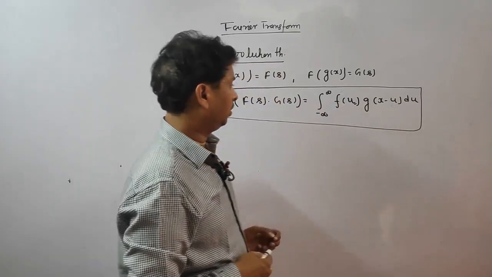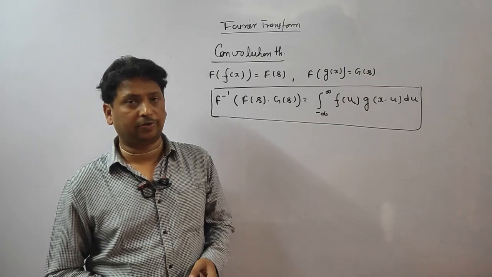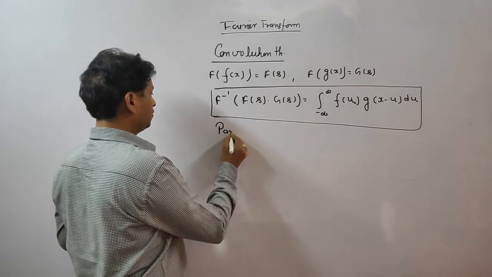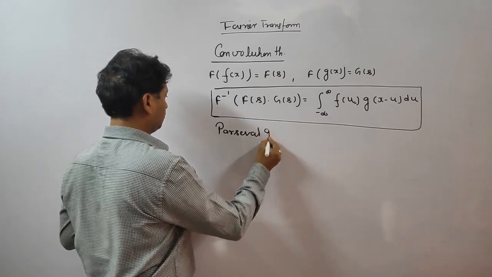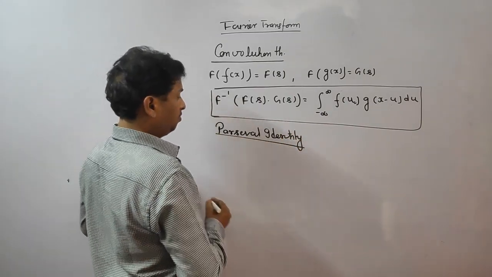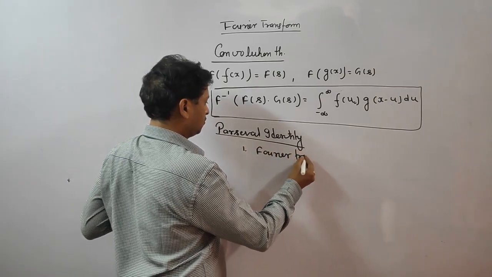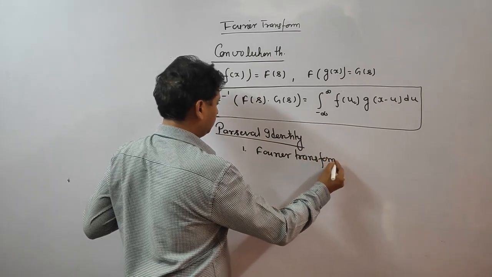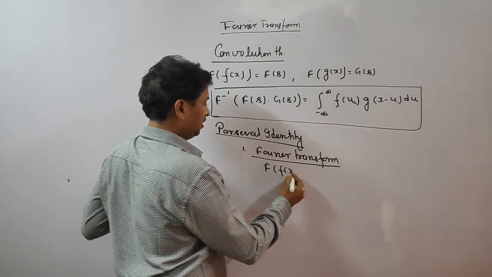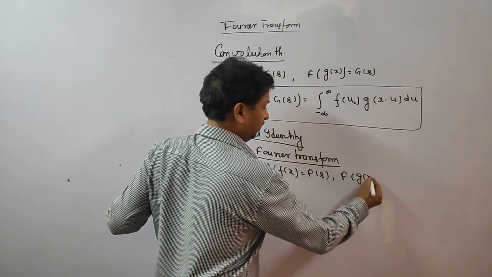result easily. Now I am going to explain the Parseval identity, because most questions we will have to solve by the Parseval identity. So what is the Parseval identity? The Parseval identity for the Fourier transform first. Suppose the Fourier transform of f(x) is given, F(s), and the Fourier transform of g(x) is given, G(s).